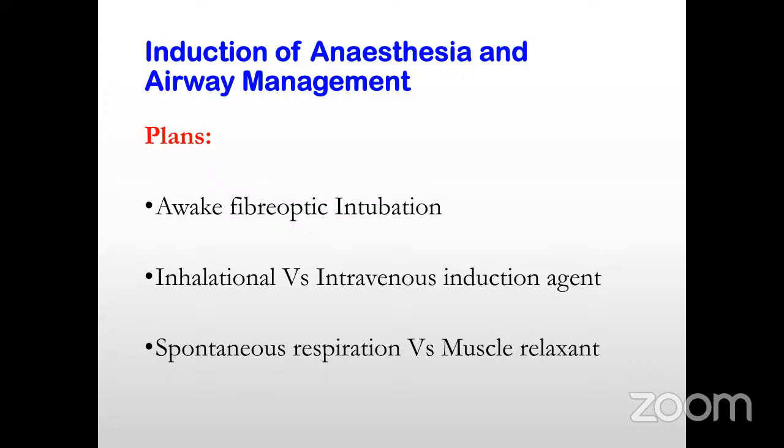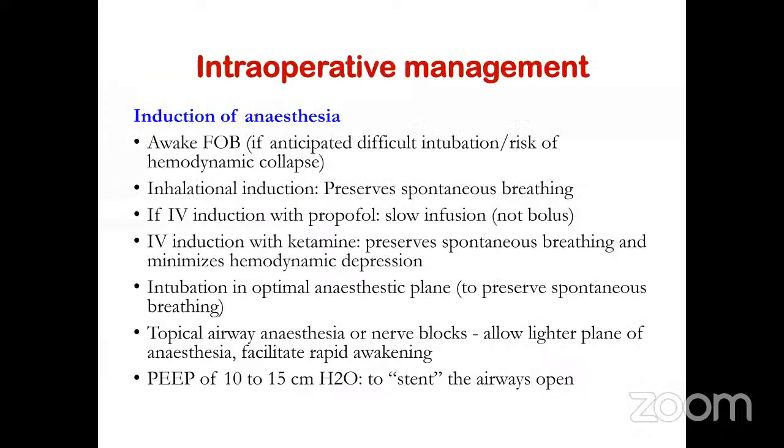Spontaneous versus muscle relaxant is absolutely based on the respiratory compromise. If any doubt of respiratory compromise, don't try to give them neuromuscular blocking agents. Keep the patient on spontaneous respiration, and preferably, if significant obstruction, the awake option would be the best option in these patients. So this is what I've just summarized. The choice of induction agents could be either propofol or ketamine if you're using intravenous.